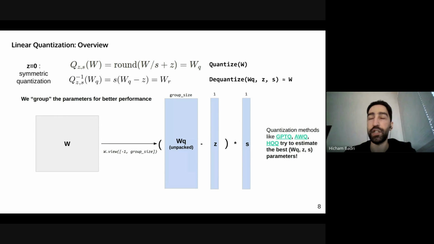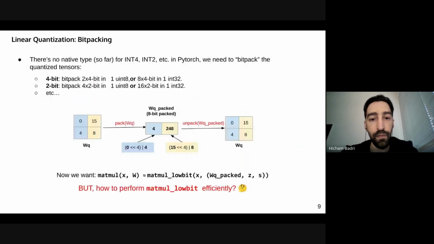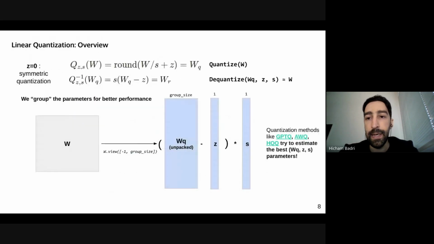They are just different algorithms to figure out the best parameters that minimize the error, but this is the formula that we are going to work with. At this point, we have our weights. Let's say we used AWQ or GPTQ or whatever, and we got our W_q, Z, and S.